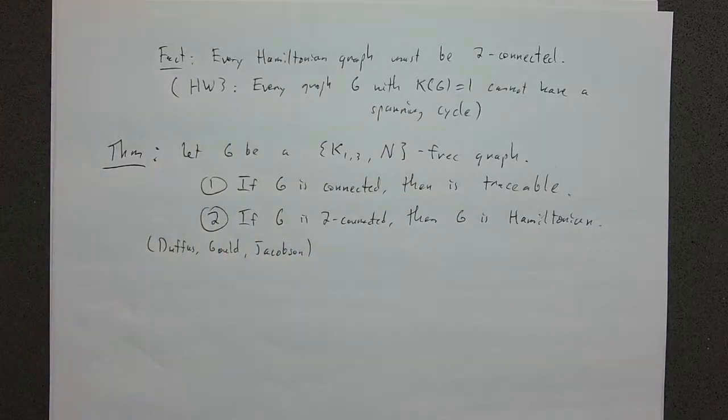It's not a coincidence. Many of these results that have to do with Hamiltonicity involve the claw in a way. So it is somehow striking at what is essential about the property of Hamiltonicity. So this shows up a lot.